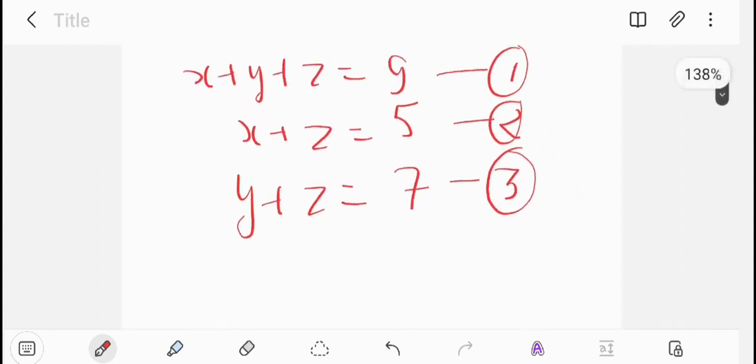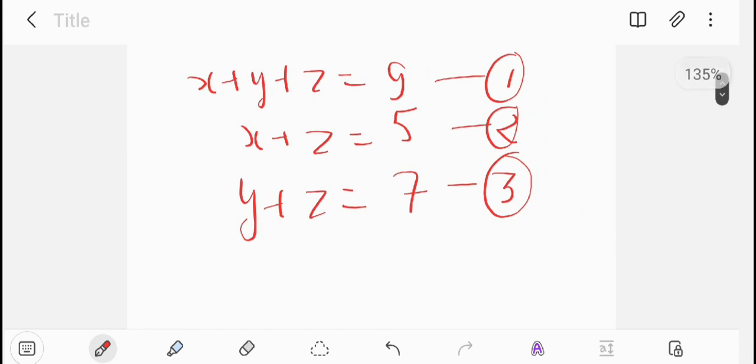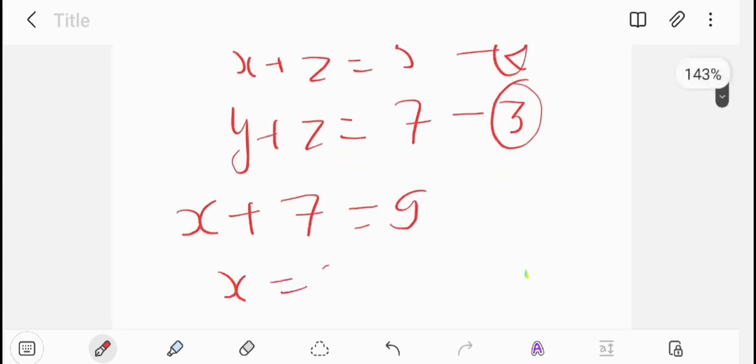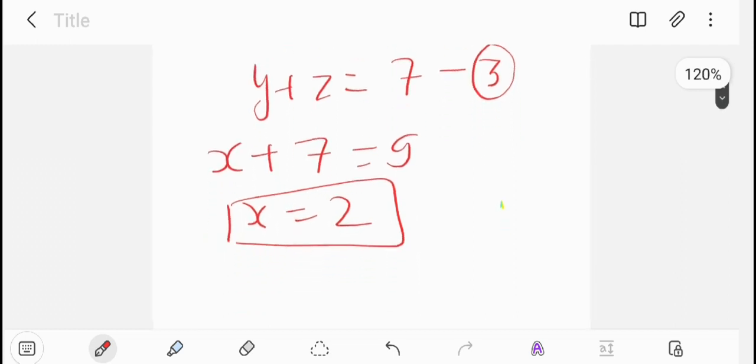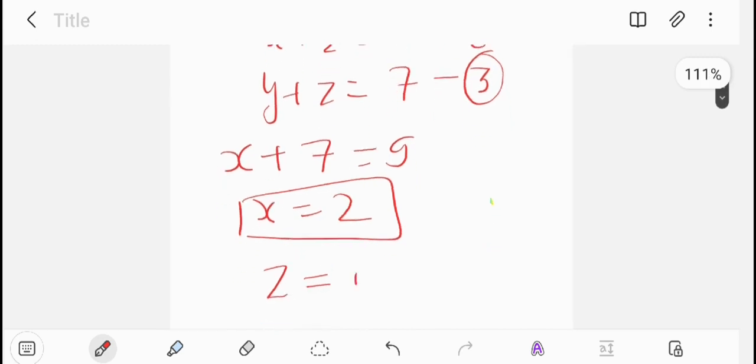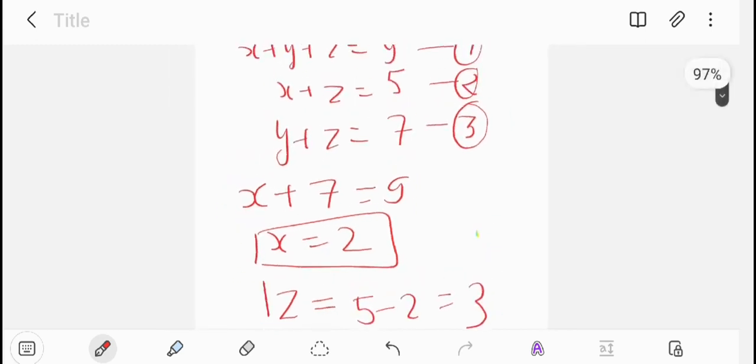Solving the first, second and third by simply substituting equation third in equation first, what do we get? We get x plus 7 is equal to 9, which implies x is equal to 2. Now putting x equal to 2 in equation second, we get z is equal to 5 minus 2, which is nothing but 3. So z is equal to 3.